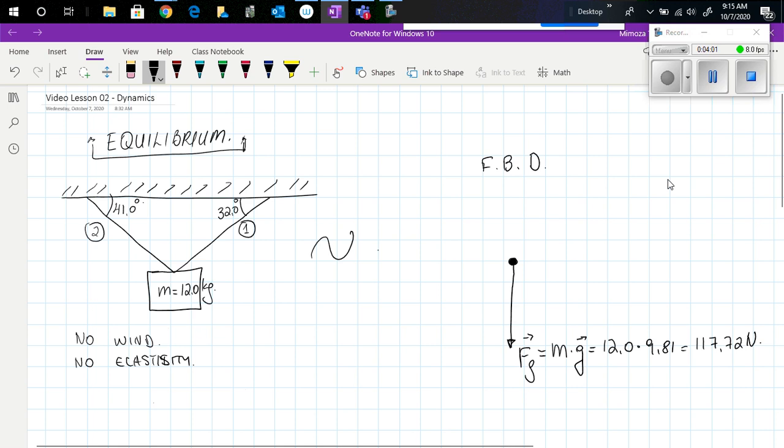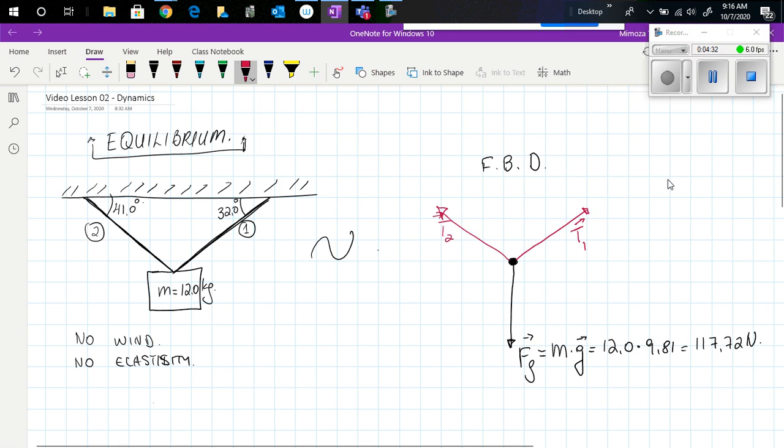The other forces that we have here: since we have strings that the object is tied with, we have the tension. Tension 1 replaces string 1, and tension 2 replaces string 2.